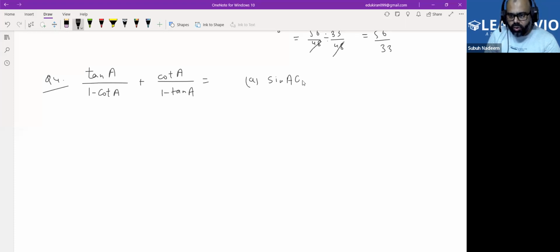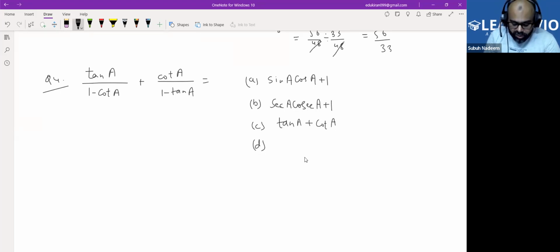Option A is sin A into cos A plus 1. Option B is sec A into cosec A plus 1. Option C is tan A plus cot A. Option D is sec A plus cosec A.